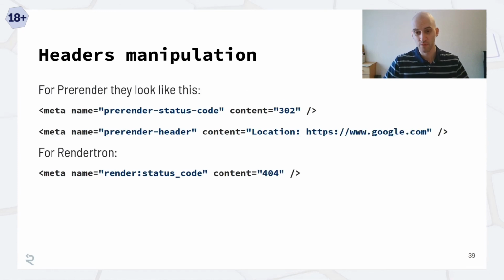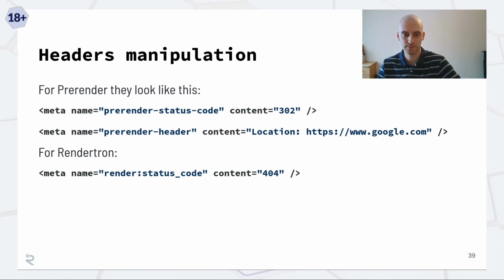Also, both applications have such functionality that if they see particular HTML tags in the content, they turn them into response headers or response status codes. For example, for PaRenderer, if there is a meta name PaRenderer header with its value in the page, this header will be returned.